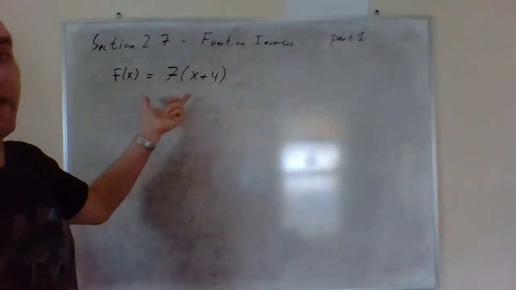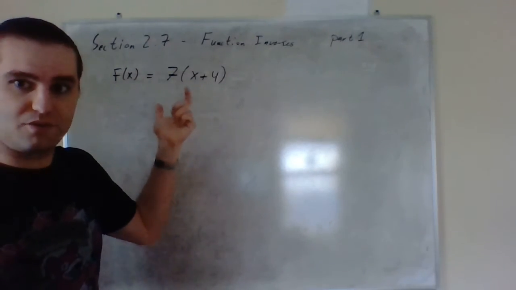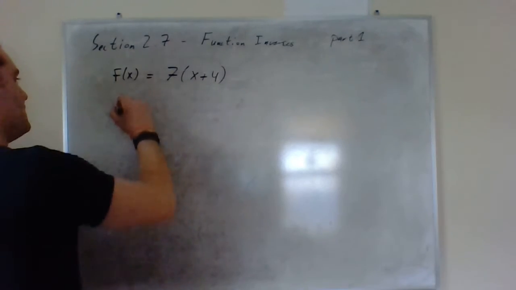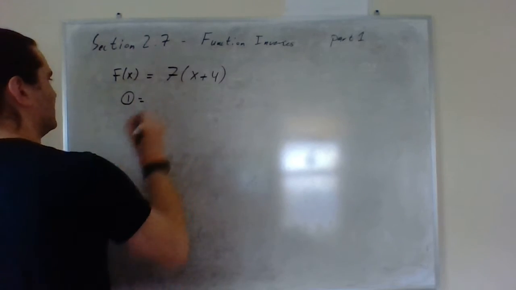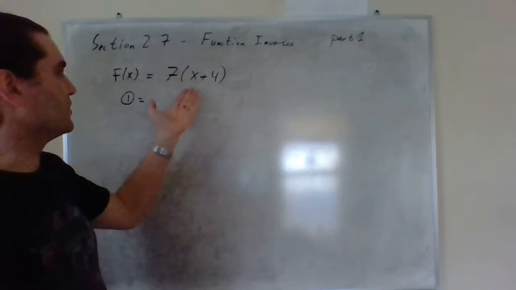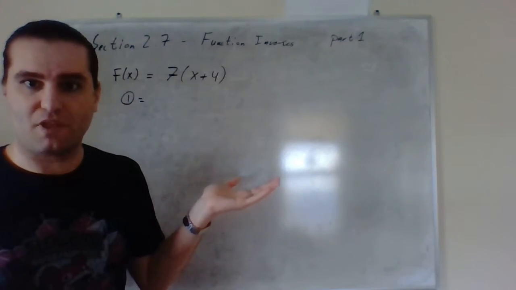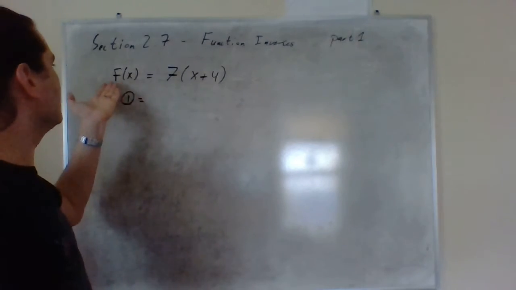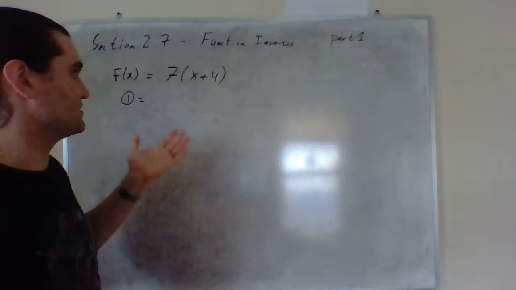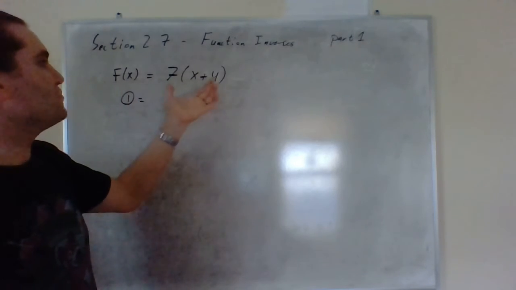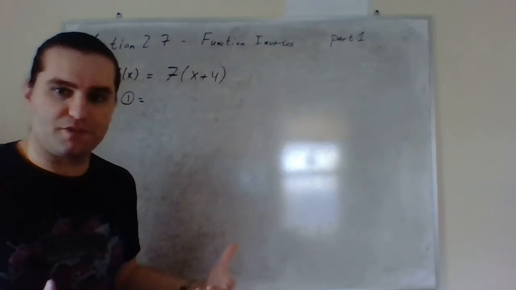If I want to find the inverse of this function, what I do is I make a list of what is happening to x. So imagine that someone gave you a value for x, and you were going to evaluate, say, f of 5. Imagine what operations you would perform to the number 5.